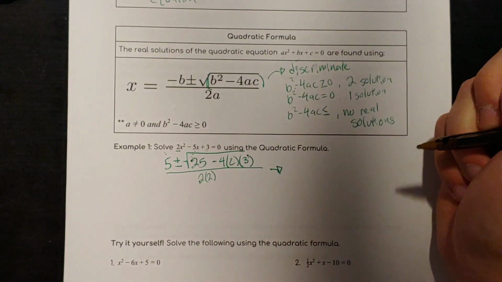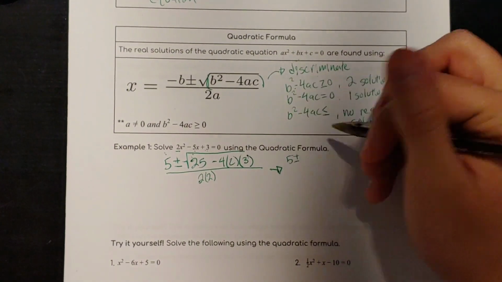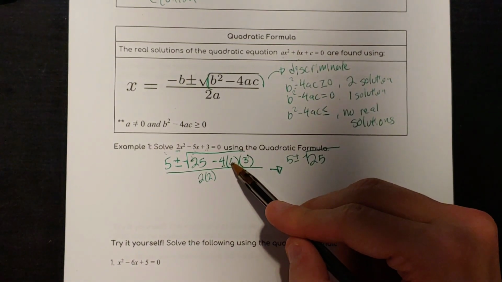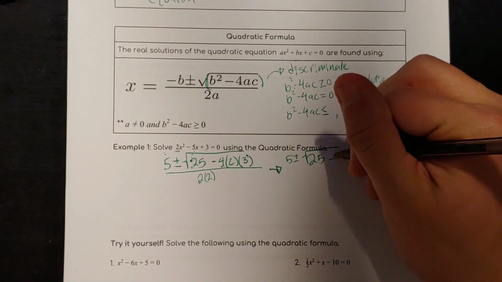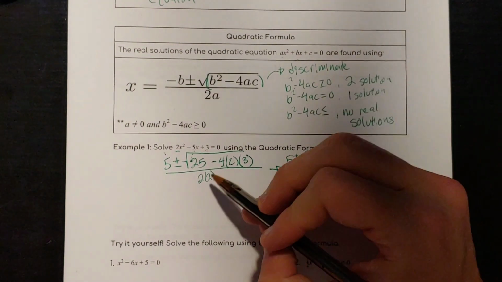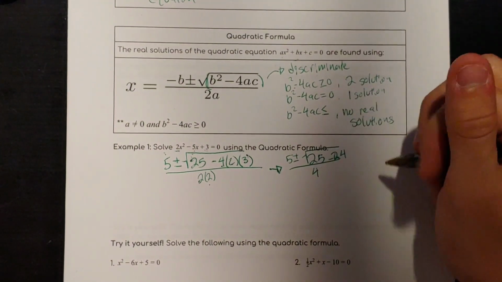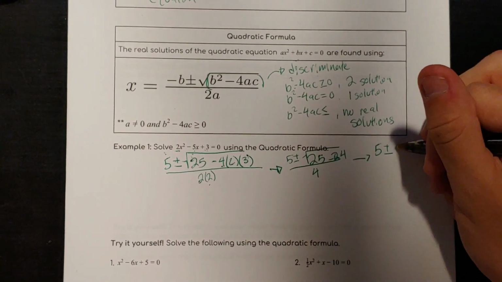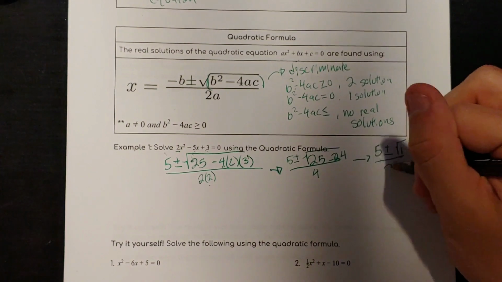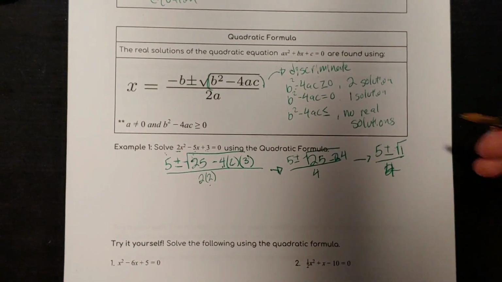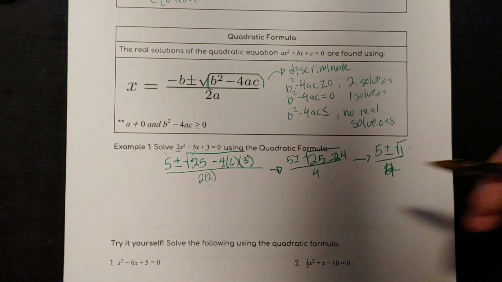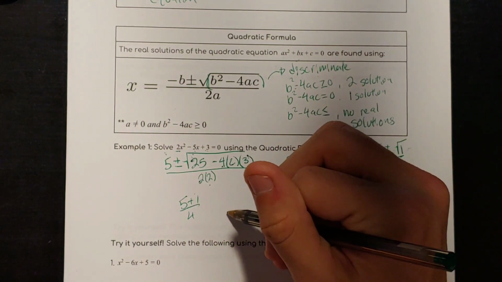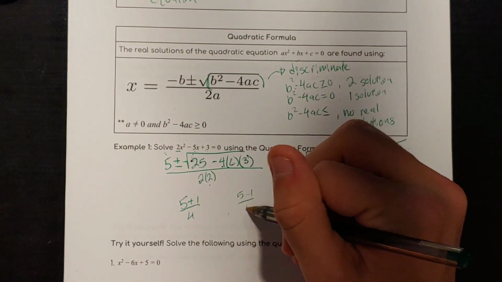So if we just tidy it up a little bit, 5 plus or minus the square root of 25 minus... 4 times 2 is 8, and then 8 times 3 is 24, and then 2 times 2 in the denominator gives us 4. So 5 plus or minus, 25 minus 24 gives us the square root of 1, over 4. The square root of 1 is 1, so we have 5 plus 1 over 4 and 5 minus 1 over 4.